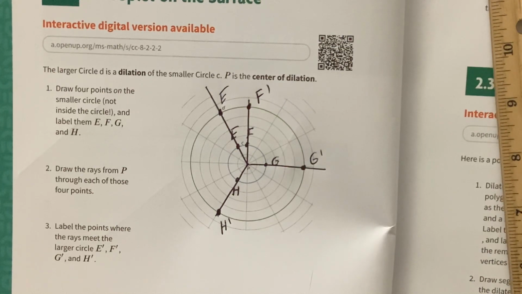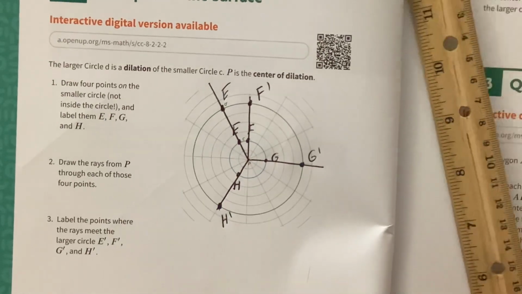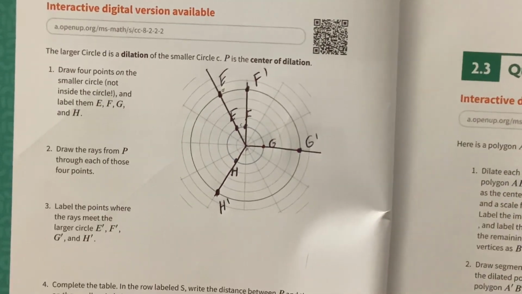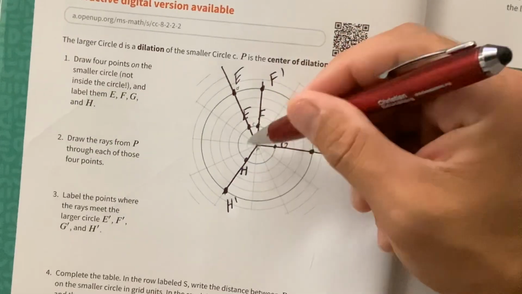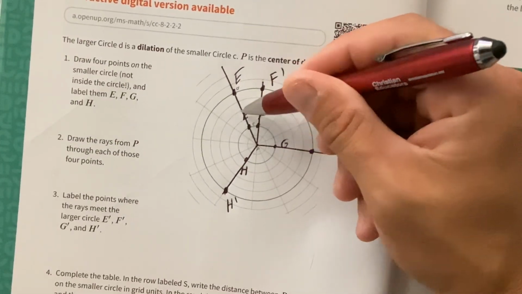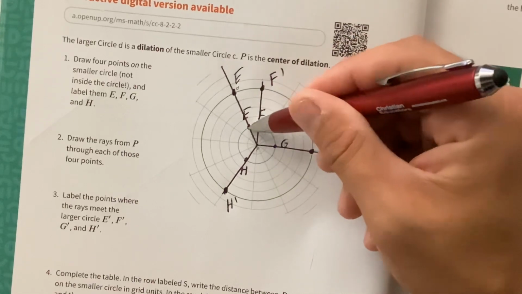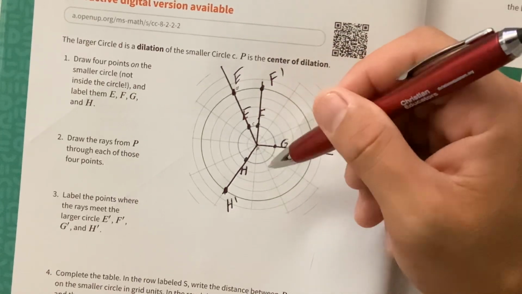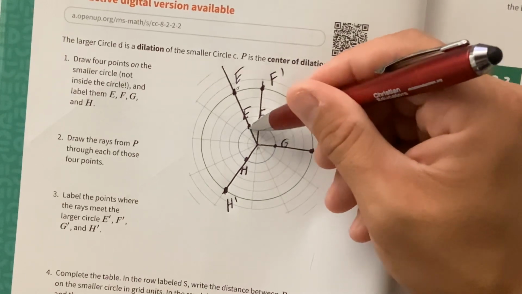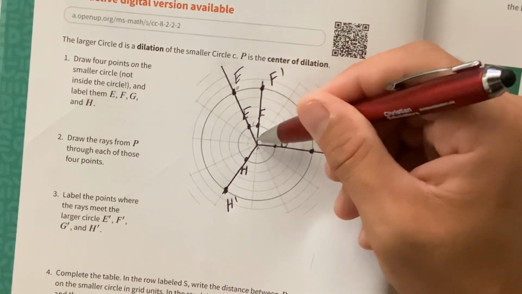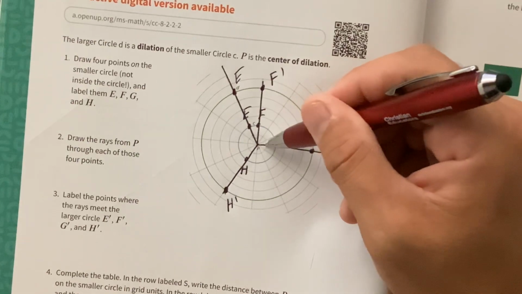From the smaller circle. So how far was it from P to E? Well, if you count these as all being 1, how far was it from P to our original E? How many lines did you cross? 2, right? 1, 2. P to F, 1, 2. P to G, 1, 2.